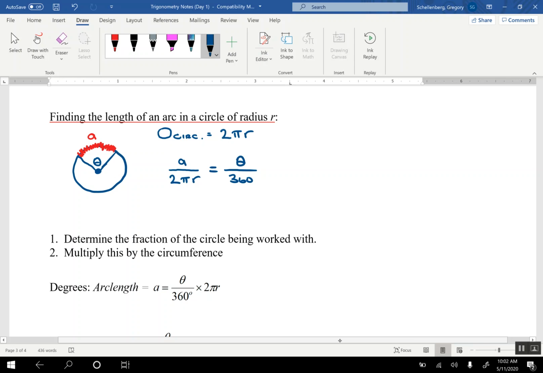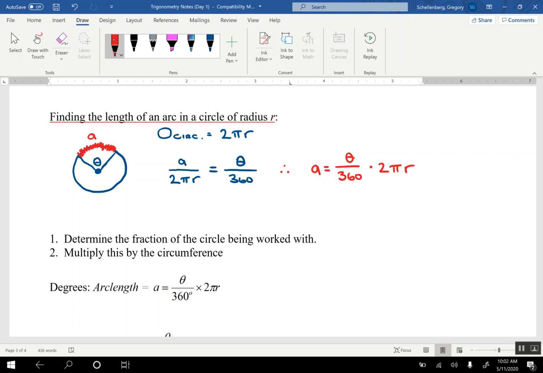Deriving a formula here for arc length, let's solve for A. If we multiply both sides by 2 pi r, we get that arc length is equal to theta divided by 360 times 2 times pi times the radius.